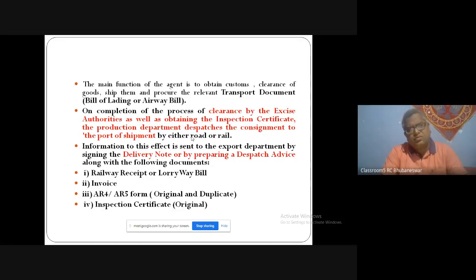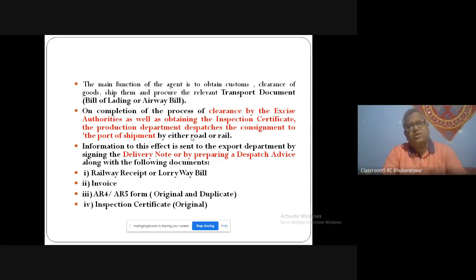But the question is, some documents are needed at the time of clearance or shipping the goods: bill of lading or airway bill is required, or excise inspection certificate, or delivery note of dispatch advice. It means what type of goods are to be exported. The department can sign one document, that is the delivery note.